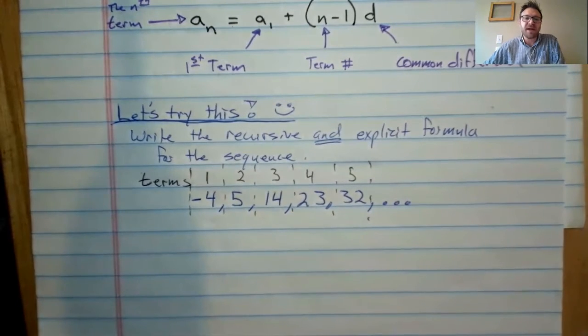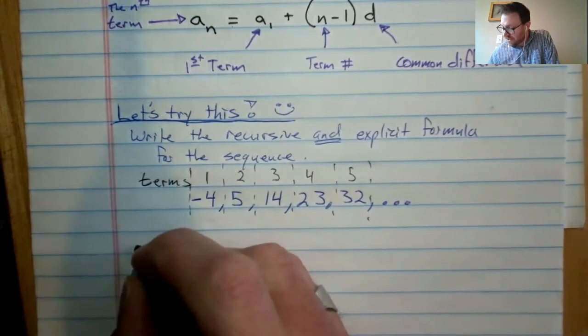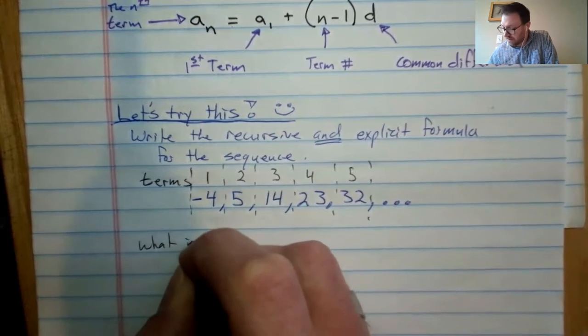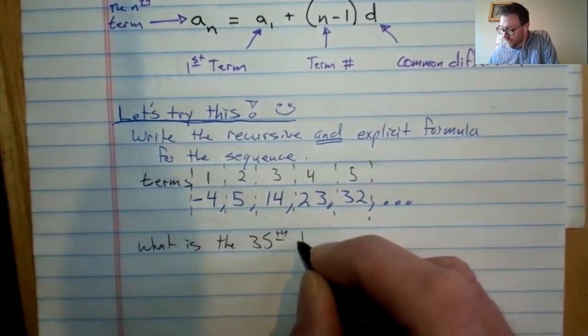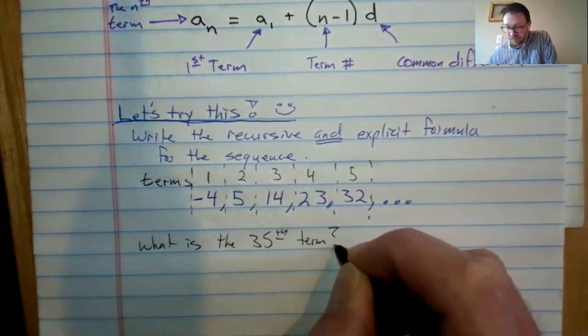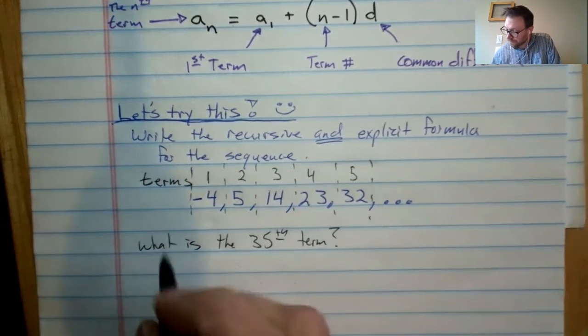So now I want to write the formula, and then what if I said, what is the 35th term going to be? So that'll be the challenge. What is the 35th term? Okay, so that could be the challenge for us. But first and foremost, we need to write the different forms, all right? So we have the recursive form.